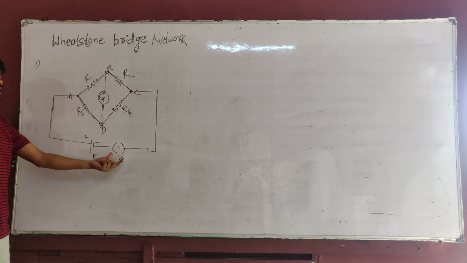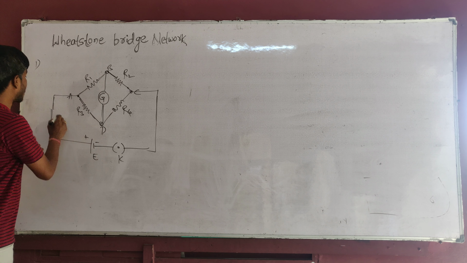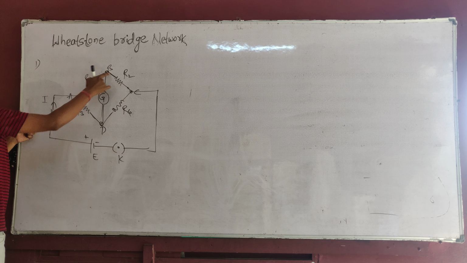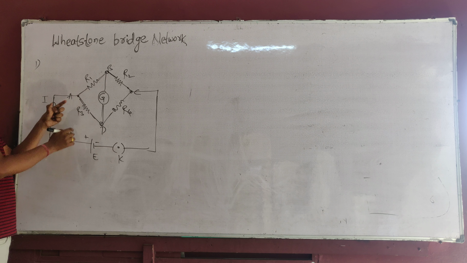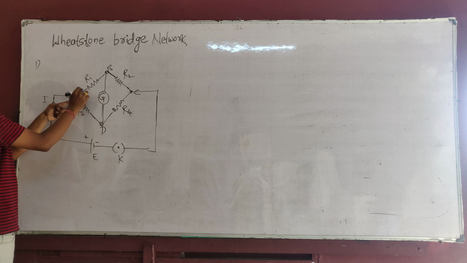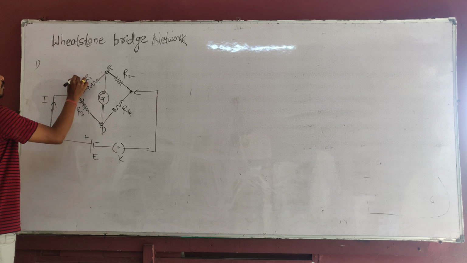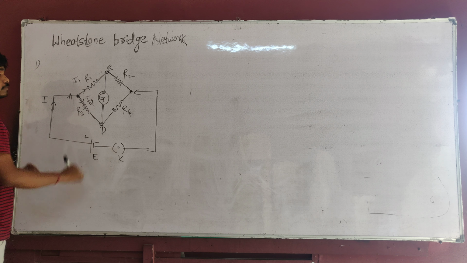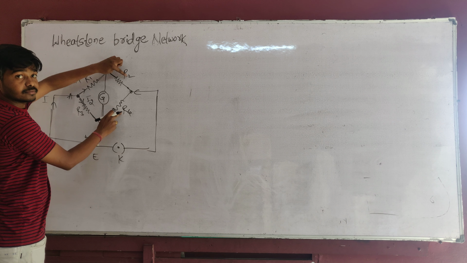Now close the plug key K, and there is a current flowing through this network. Let us suppose I be the current flowing through this network, and at the point A, the current can be divided into two parts, I1 and I2. Now these are current flowing through like that.